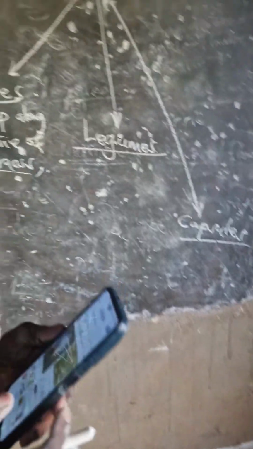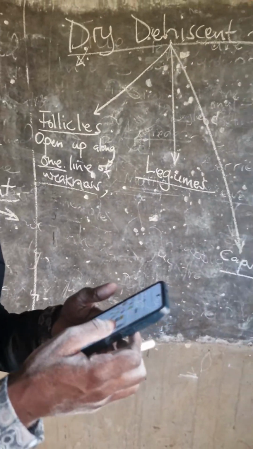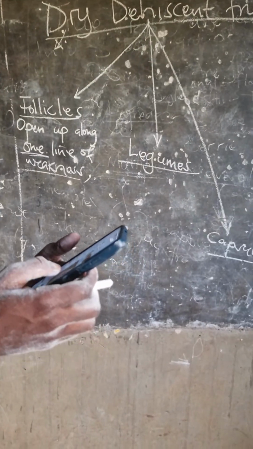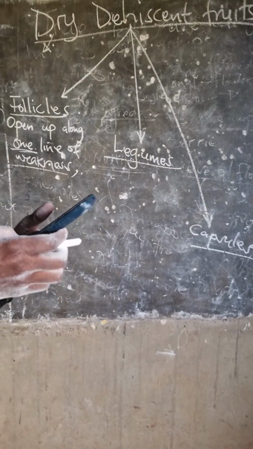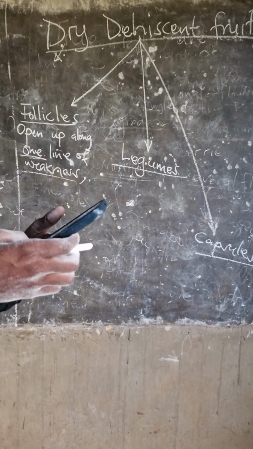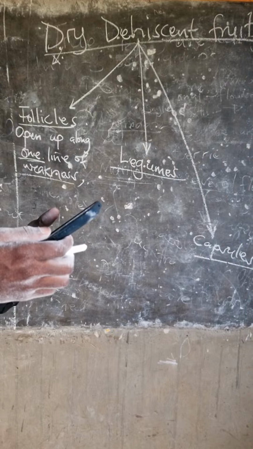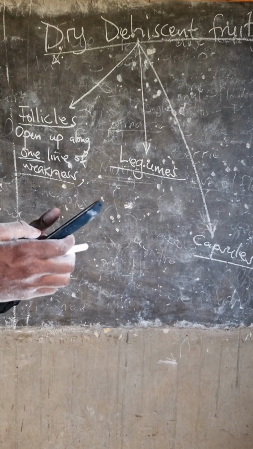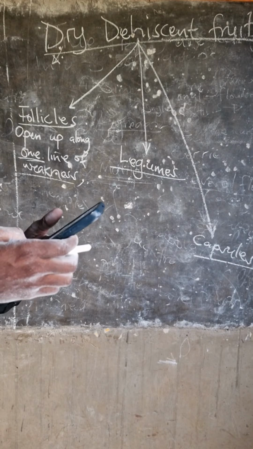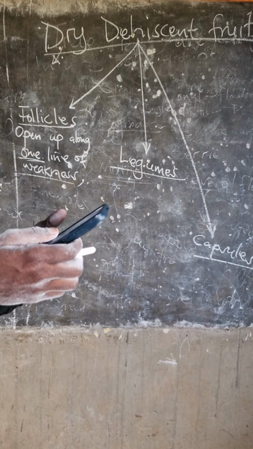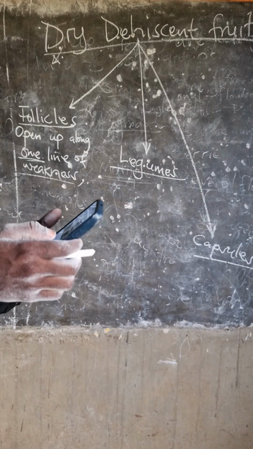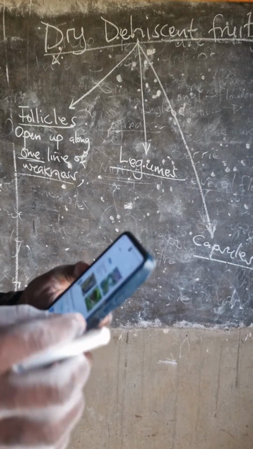I can also show you another example of a follicle. I want to give you a good example here. So there is another one here.